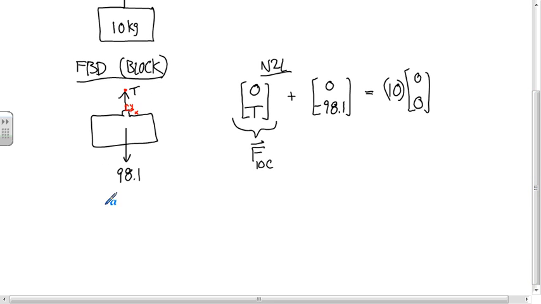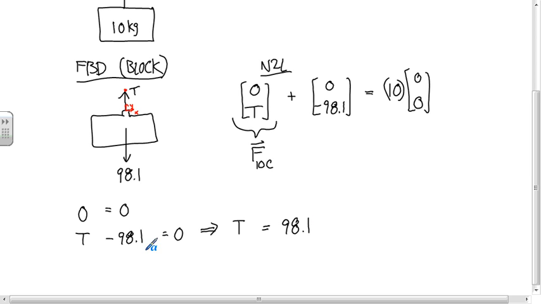So our two equations say, the first one says 0 equals 0. That's reassuring. If you forget what 0 is, that's a handy reminder. And then the second one's even more helpful: T minus 98.1 is equal to 0. So that says that T is equal to 98.1.